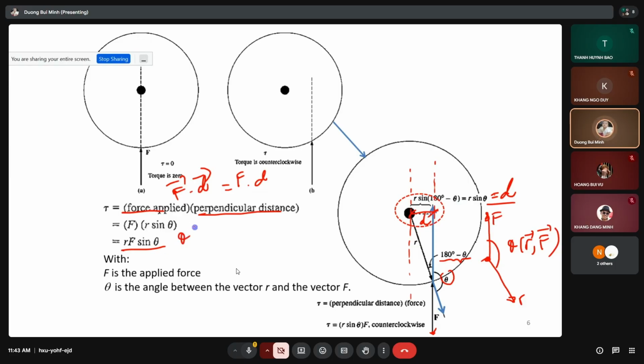And remember that theta is the phase angle between R and F. You can calculate torque, right? This is a special case because torque is zero.